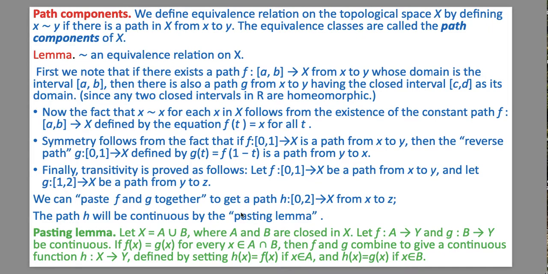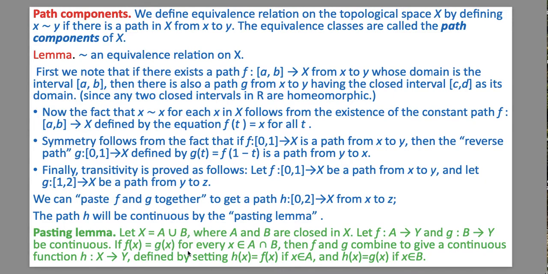What is the pasting lemma? Suppose X is equal to A union B, where A and B are closed in X. Suppose f is a mapping from A to Y and g is a mapping from B to Y, and suppose f and g are continuous.